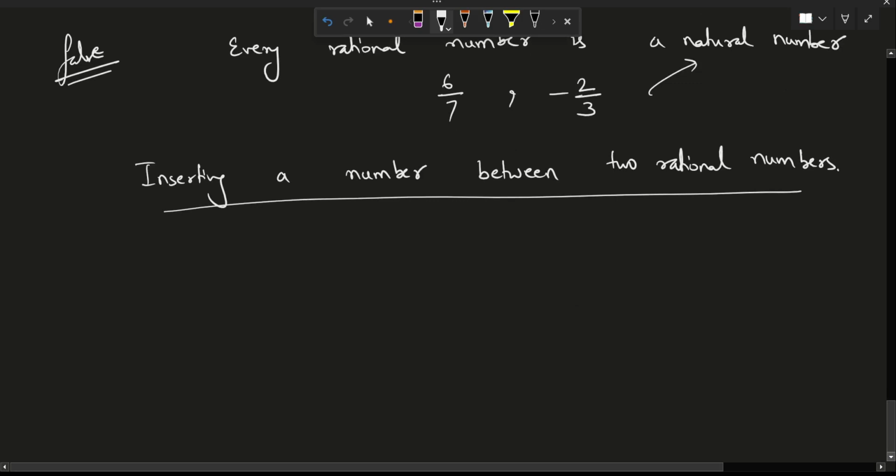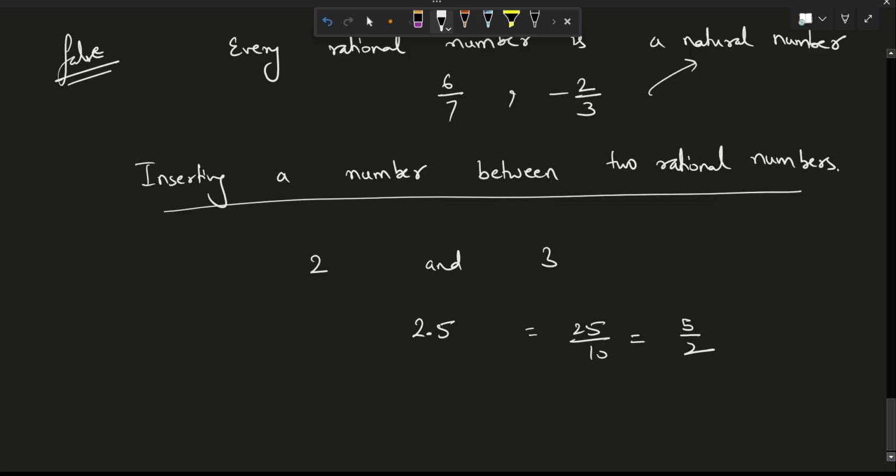Let's say I give you two rational numbers, 2 and 3. It's very easy to insert a rational number between them. The rational number can be in decimal form also. 2.5 will definitely be in between them. You can write it as 25 by 10, which is 5 by 2. So it's a rational number between these two.